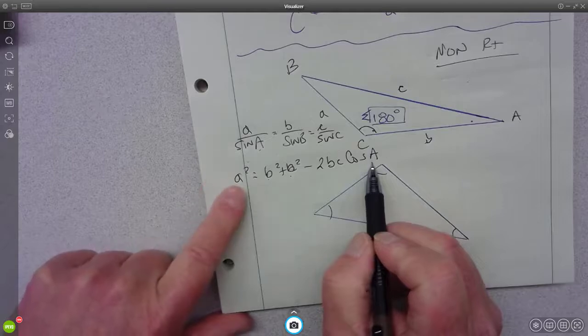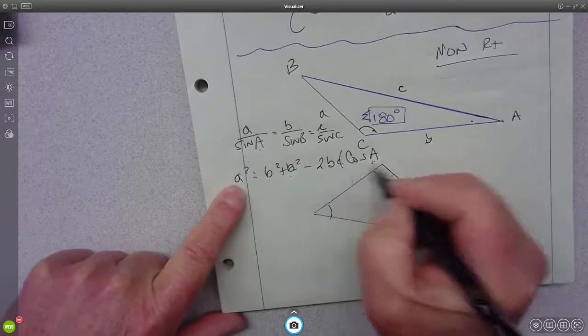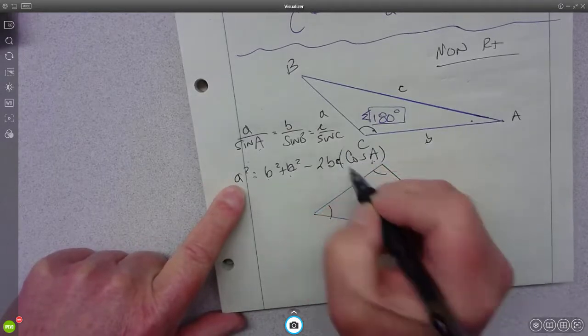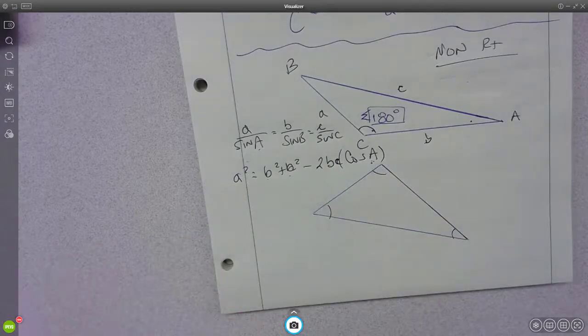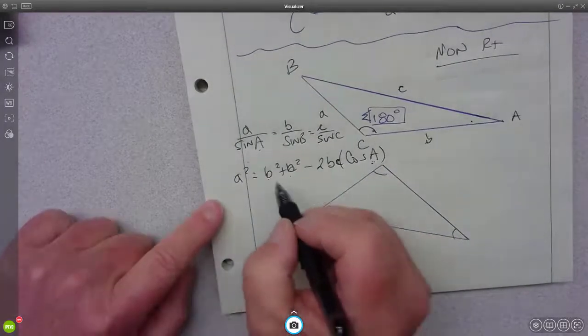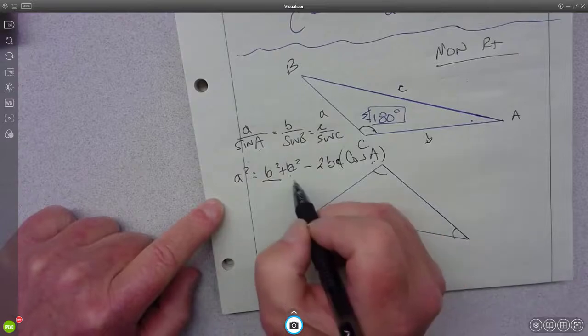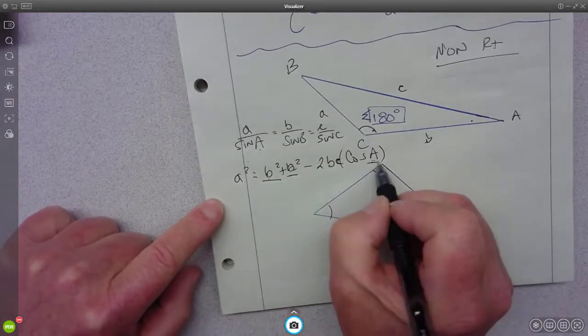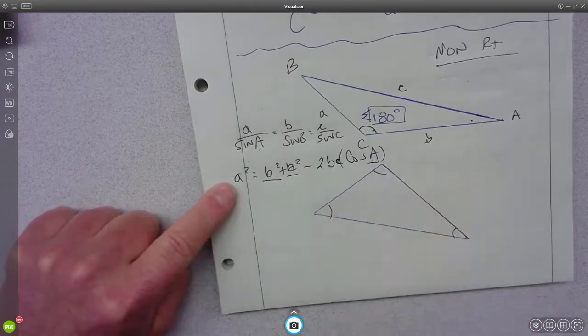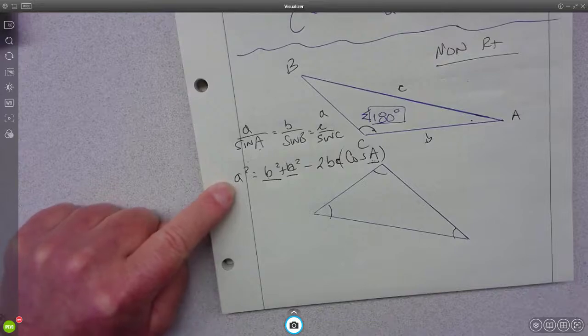So whatever side is here, the angle is here. So this takes some practice to run. Again, you'd have to know b and c and A to solve for that. You've got to have enough information.